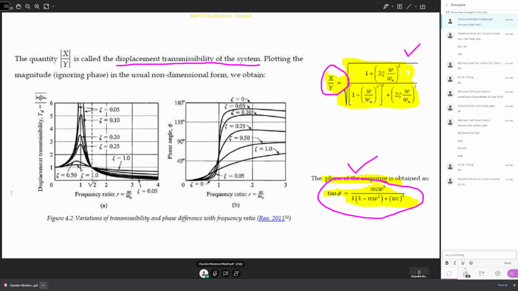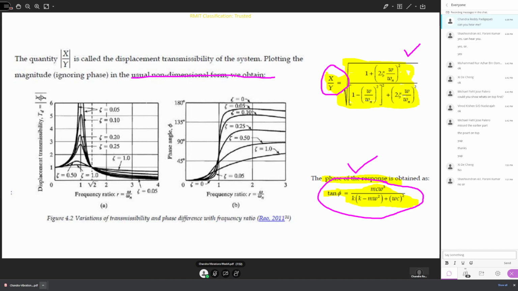So how much amount of displacement from the base is transmitted through the damped vibratory system, or how much amount of the force from the base is transmitted to the system. So that is the displacement or the force transmissibility of the system. So these two expressions will tell us the force transmissibility and the phase response of the system.